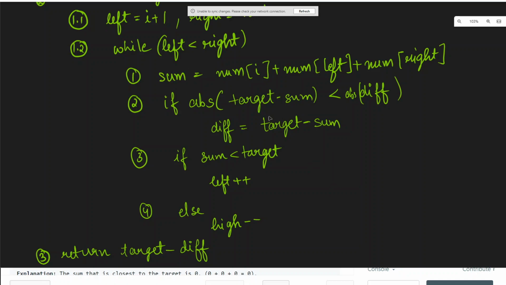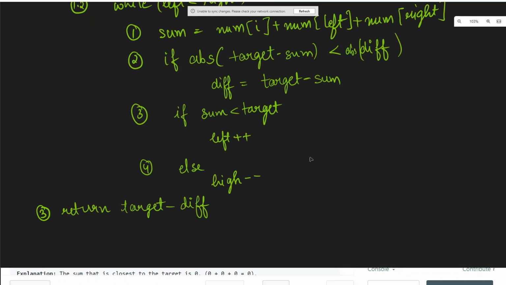If that is less than our difference, and it has to be absolute because we have negative numbers as well, then we directly update our difference, because we require the difference to be smaller. Then only it will be the closest number. Then we check if our sum is less than target. We require to come towards target, so we increment our left, else we decrement our right.